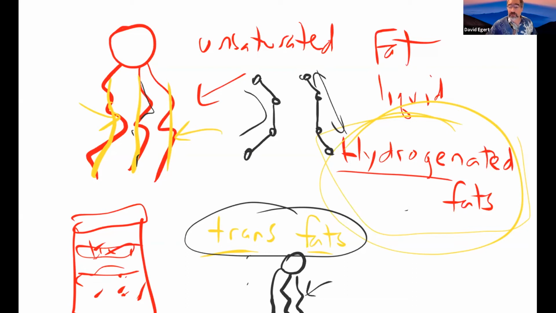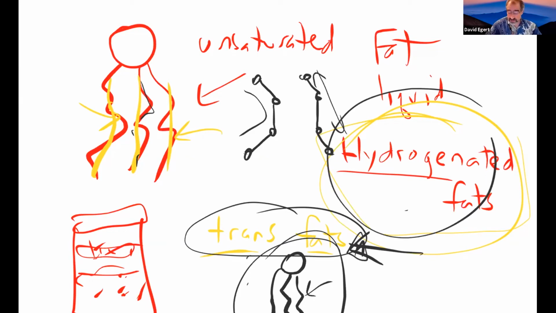And it turns out that our metabolism didn't really know what to do with them. Even though you might think eating trans fats is like eating any other unsaturated fat, it turns out that the health outcomes were worse than eating saturated fats.